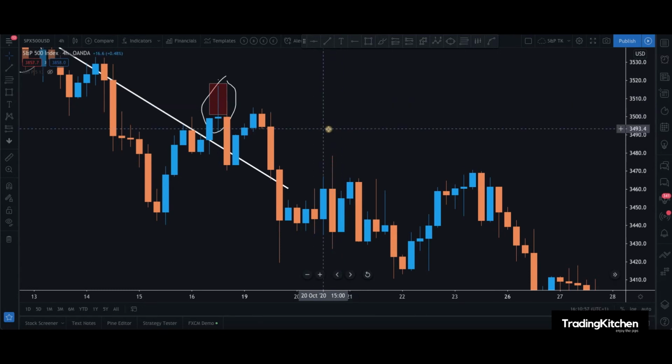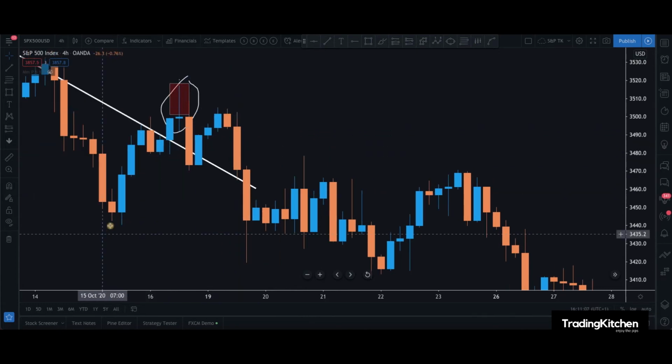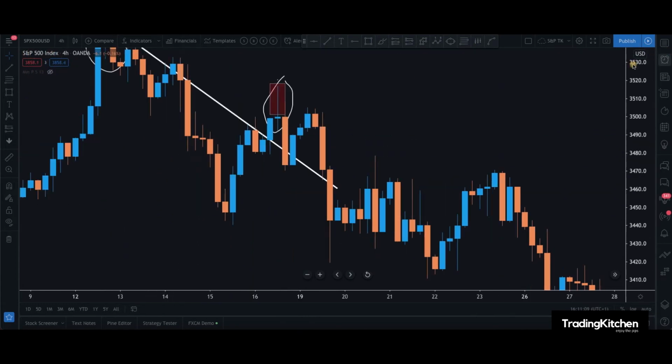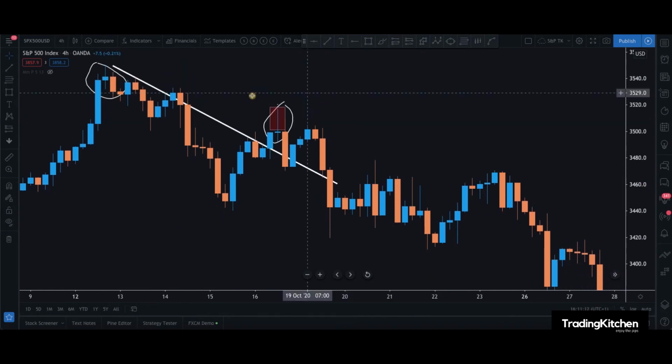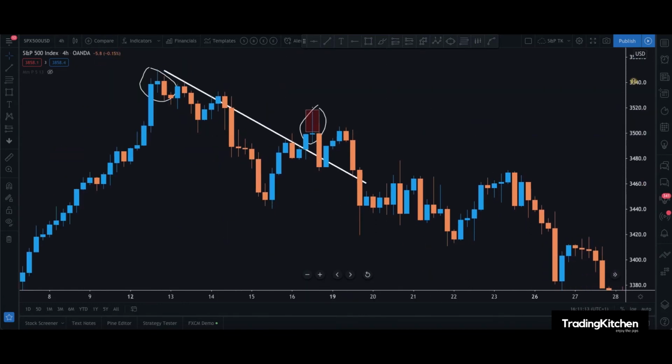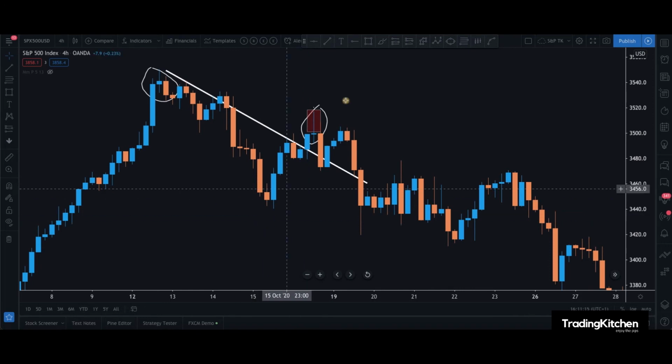Okay, so the next candle could be a red one. Okay, so the trend is going to change. So this is just a little swing, just a little correction of the main trend that remains downtrend.